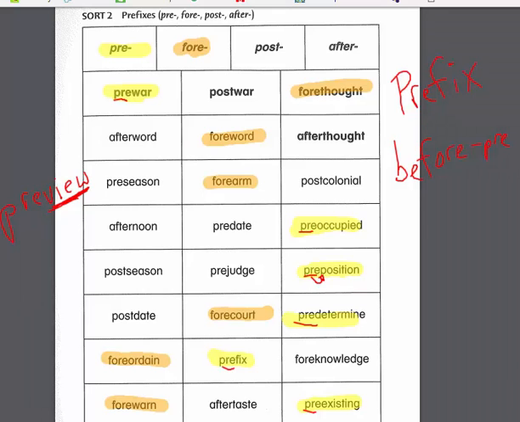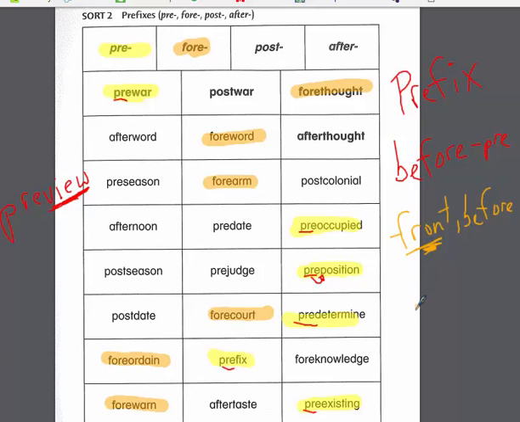So for means at the front or before. So it's similar to pre, but it's going to also stress this front.